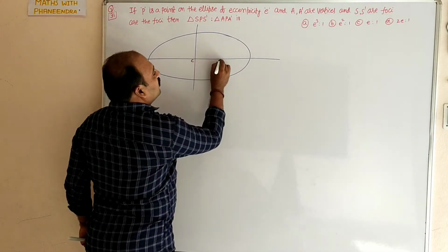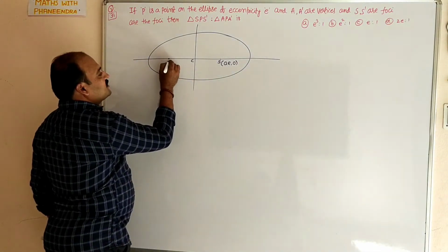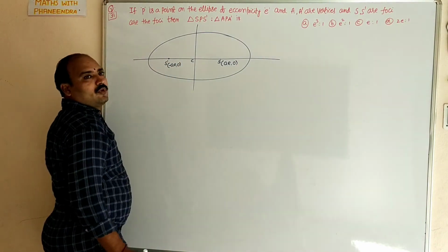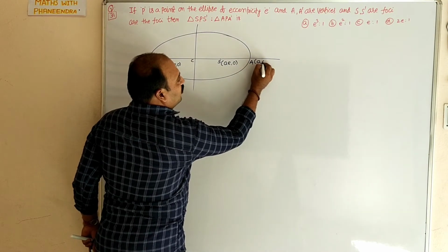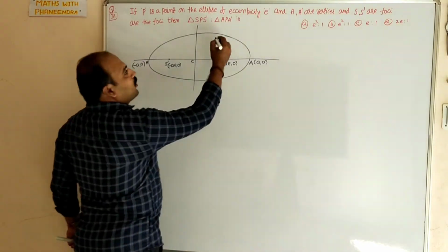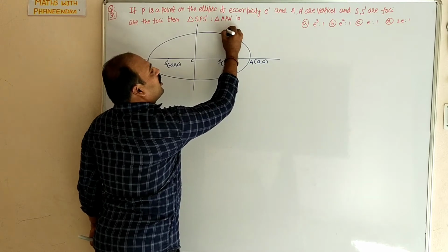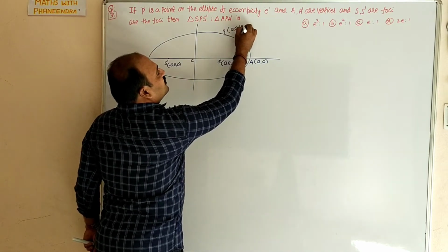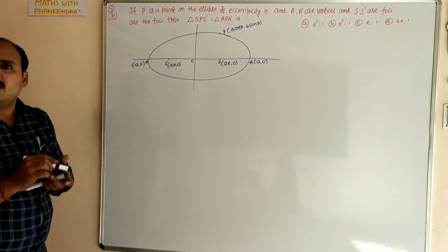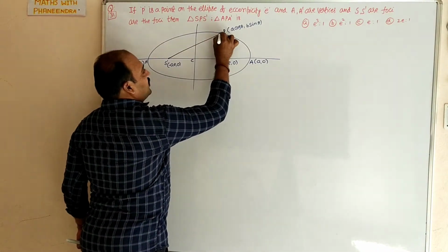Center, foci: S is AE comma 0, S dash is minus AE comma 0. A is A comma 0, A dash is minus A comma 0. And the point also you can consider here. Whichever point you take, either x1, y1 or the parametric point A cos theta, B sin theta. Now the ratio of SPS dash and APA dash. So join these two.